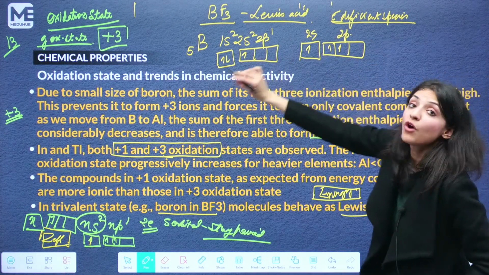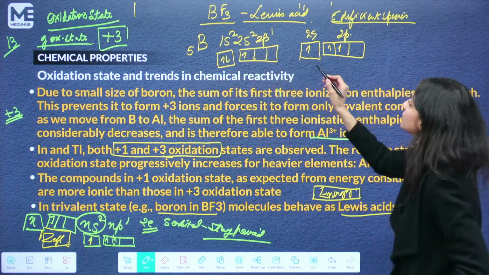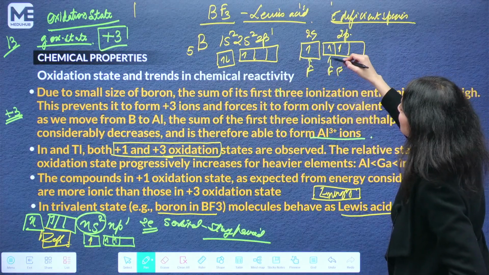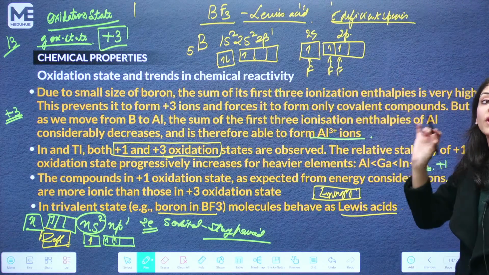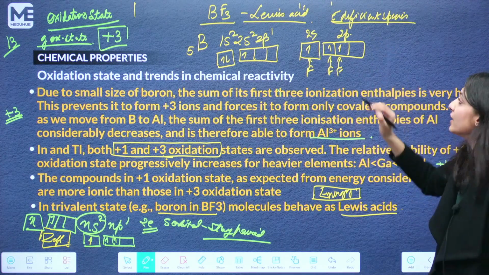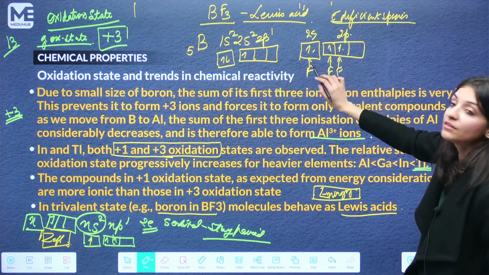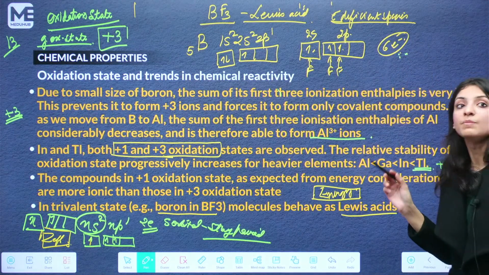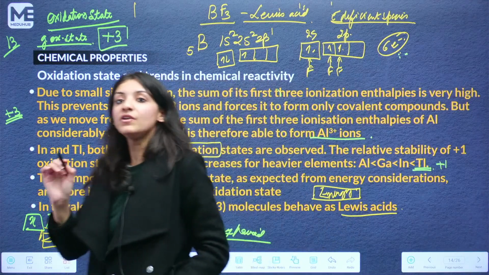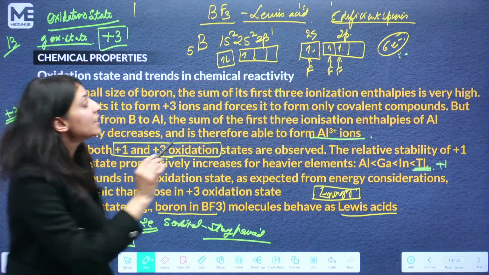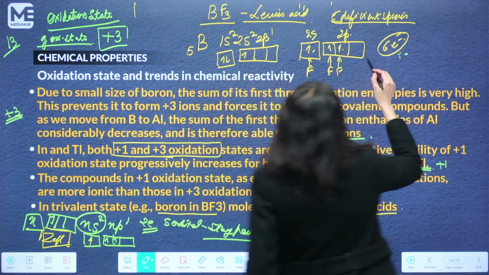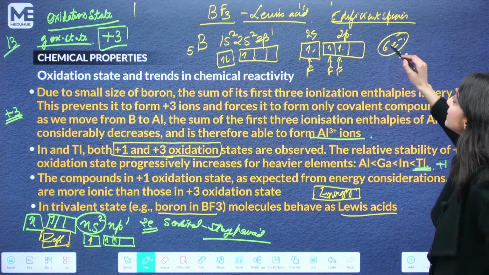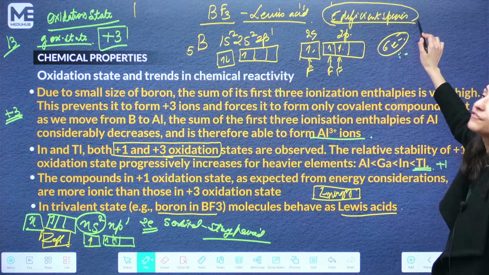Now if it is forming bonds with 3 fluorines, they are forming bonds together. So what is the total valence shell count here? We have 3 from here, 3 from fluorine, so we have 6 electrons in total. That means the BF3 molecule does not have a noble gas configuration. It is 2 electrons short of the nearest noble gas configuration. That is the reason it is termed an electron deficient species.